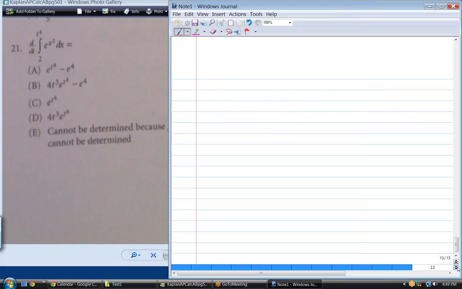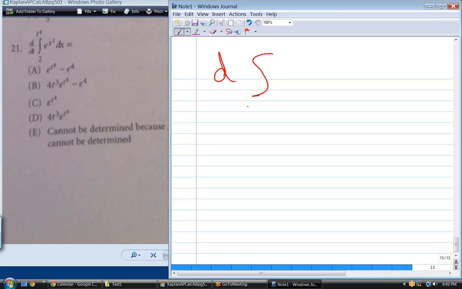Did you get the fundamental theorem of calculus last year? No, doesn't sound familiar. Okay. Let me give it to you real quick, because you'll get it for sure. And it's not that hard. This makes it a little harder than it appears to be.